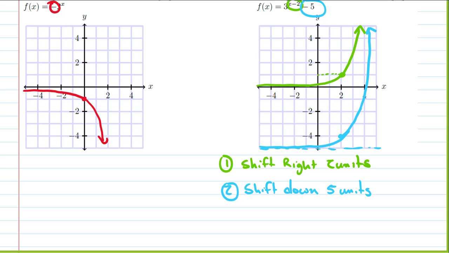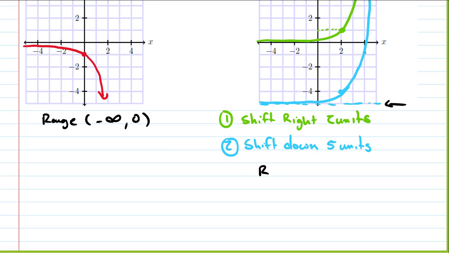So once again, we weren't asked this, but in the first one, what would be our range over here? Well, it went down, so from negative infinity up to the horizontal asymptote, which is 0. Here, our graph is still going up, but our range is going to start at our horizontal asymptote, negative 5, and then it goes up forever to positive infinity.